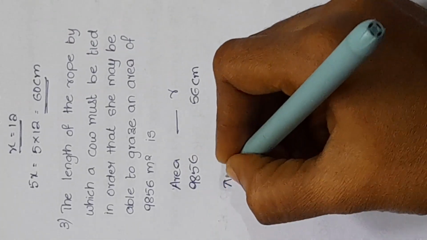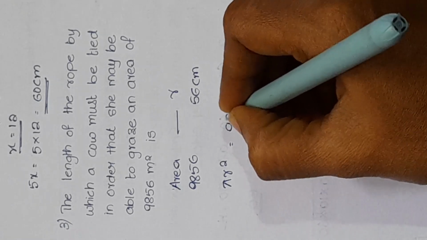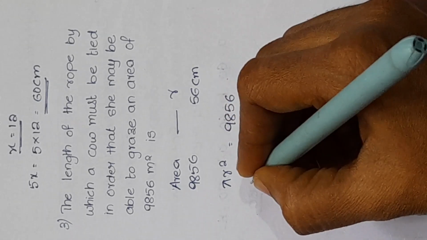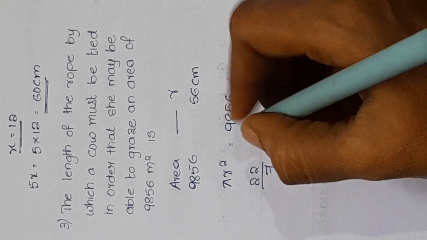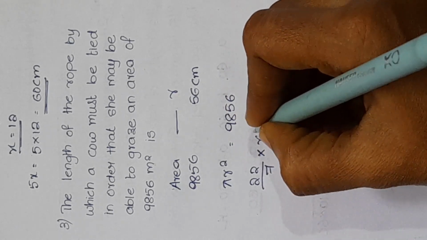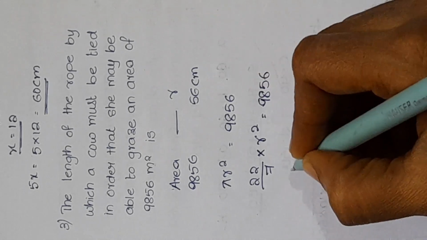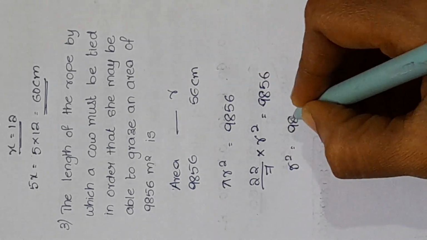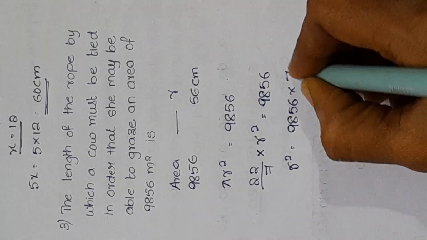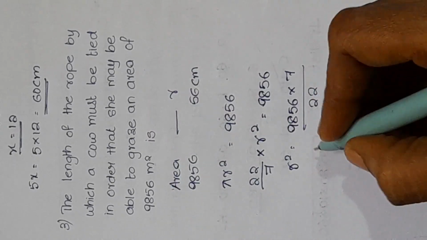Area of the circle formula is pi r square is equal to 9,856. Pi value is 22 by 7 into r value we don't know, so keep it as r square. R square is equal to 9,856 into 7 by 22.